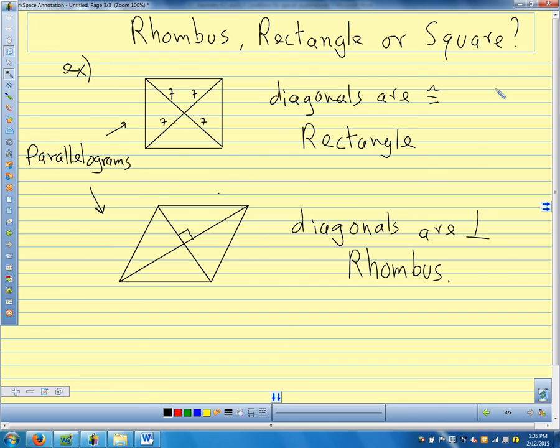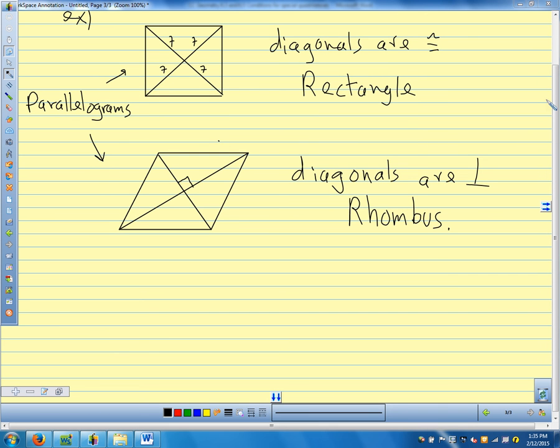All right. Last example. So this is going to be a parallelogram. So I'm going to put my arrow down here.